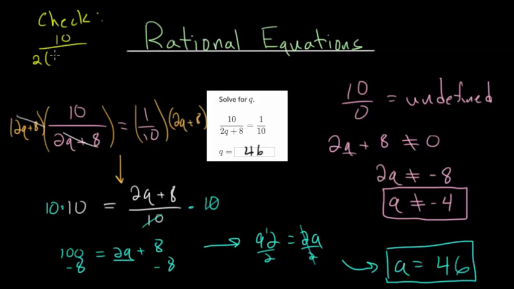So we have 10 over 2 times 46. We'll add 8 to that, and this should be 1/10. But on the left-hand side, this just becomes 10 over 92 plus 8, which is 100. But 10 over 100 does equal 1/10.